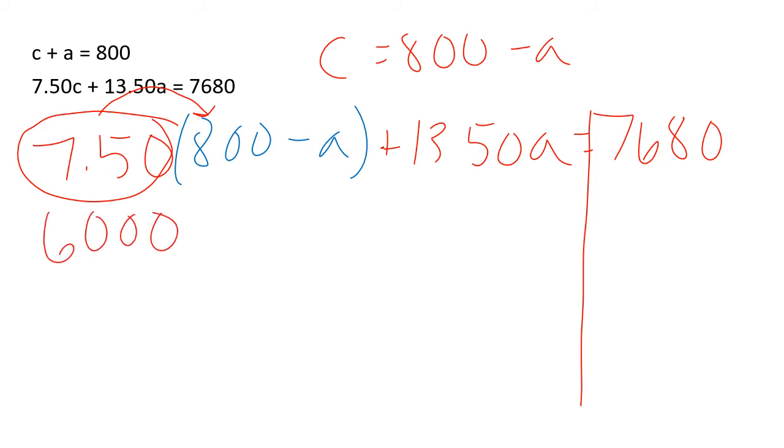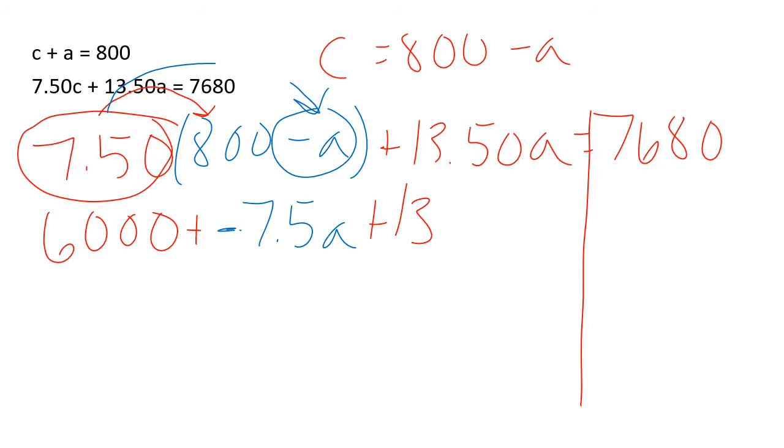And I'm going to put a plus here because when we multiply 7.5 to this A, it's actually multiplying it to the negative A. So 7.5 times negative A is going to be negative 7.5A. And then I'm going to bring down this plus 13.50A is equal to 7,680.